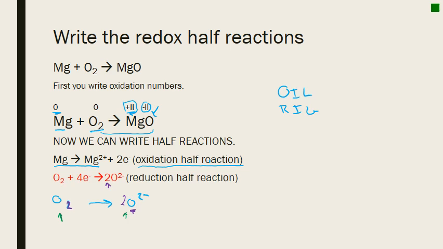So if one atom of oxygen has gained 2 electrons, 2 atoms of oxygen combined must have gained 4 electrons. So this is why we don't write 2 electrons, we write 4 electrons. So the final equation will be this. Okay, O2 plus 4e minus goes to 2 O2 minus.